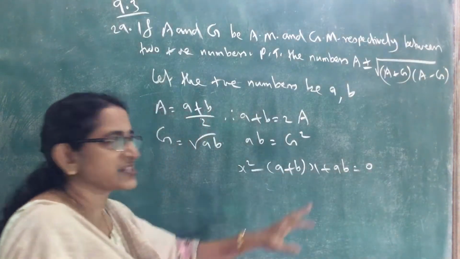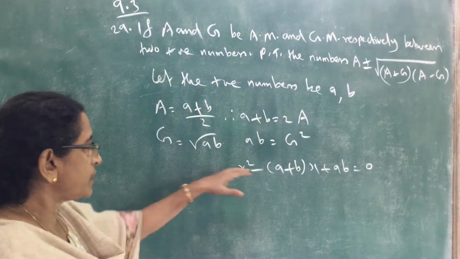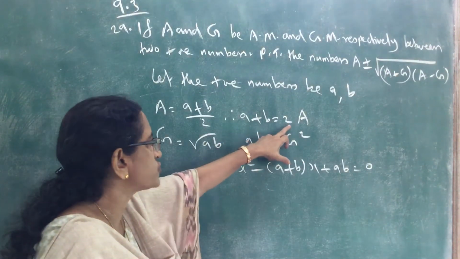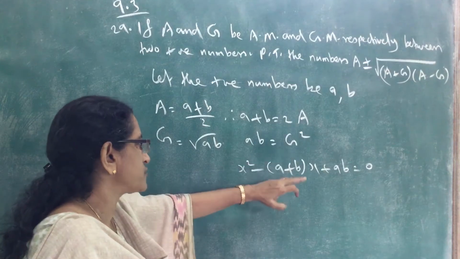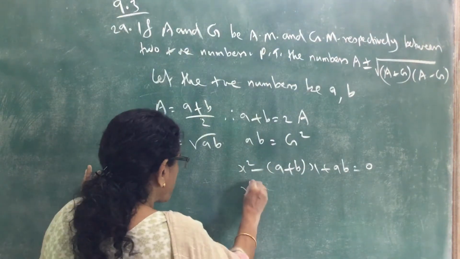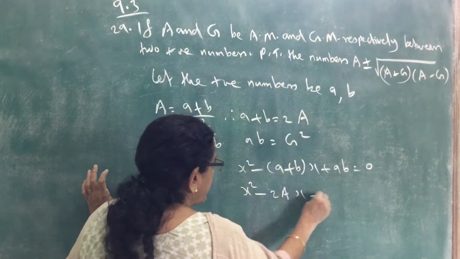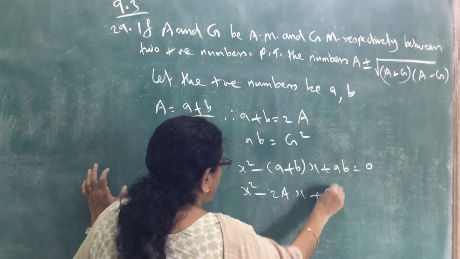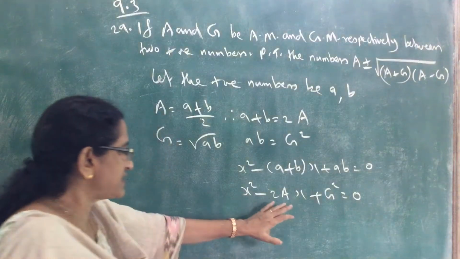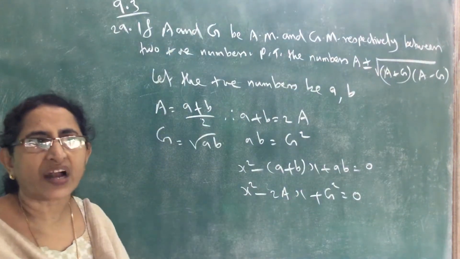Substituting, x square minus 2A x plus G square equal to 0.